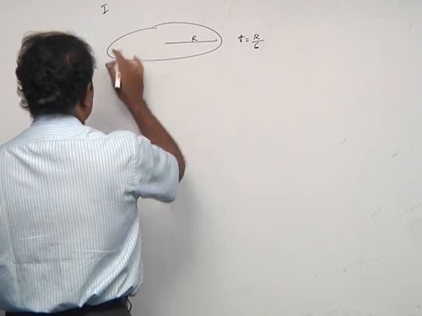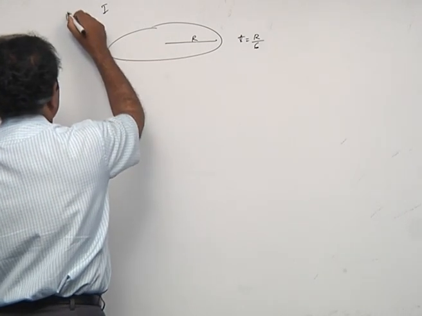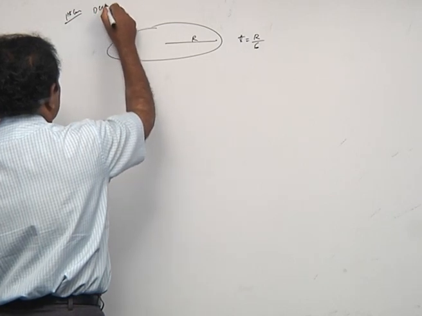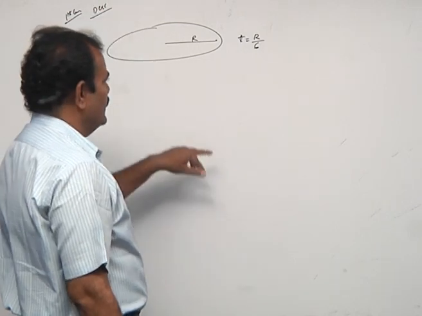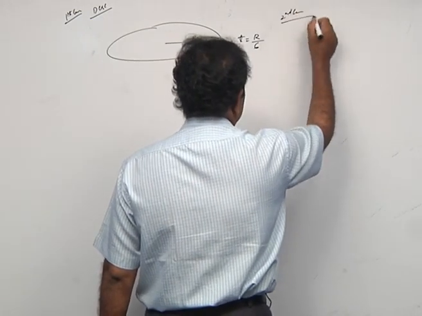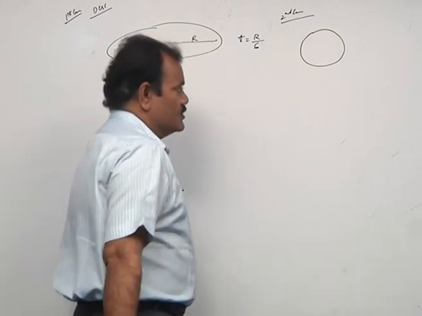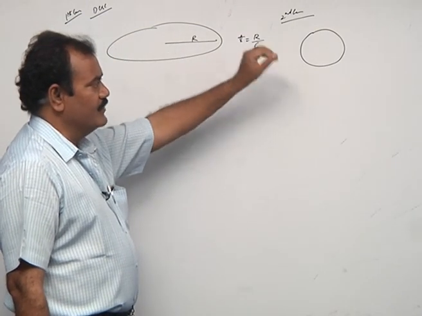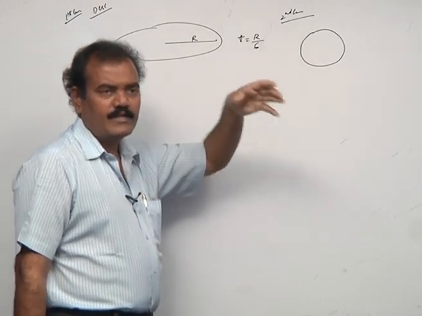Now, in the first case we are taking the disk. We have taken the disk here, and it is melted and recast into the solid sphere, so in the second case it becomes a solid sphere like this. What will be the moment of inertia of this solid sphere about its natural axis, that is, the diameter?